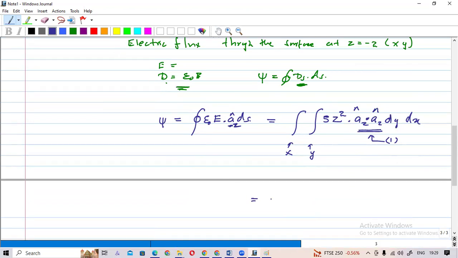Then you have to do the integration with respect to x and with respect to y. Phi z square dy dx.